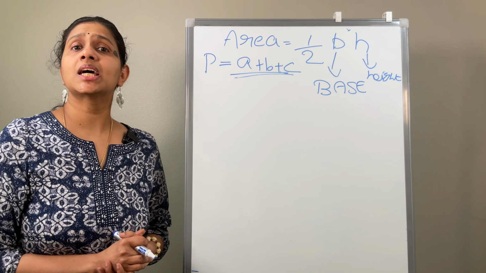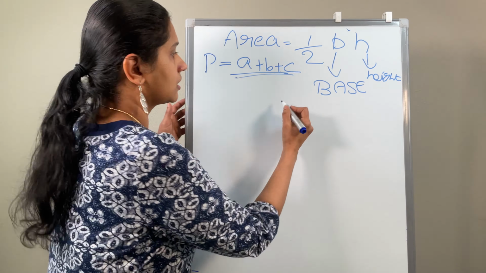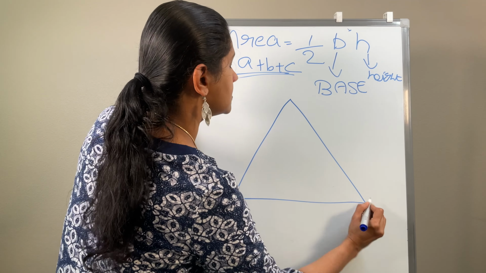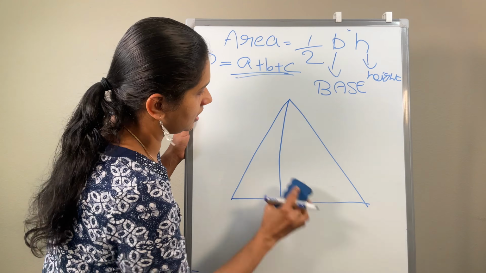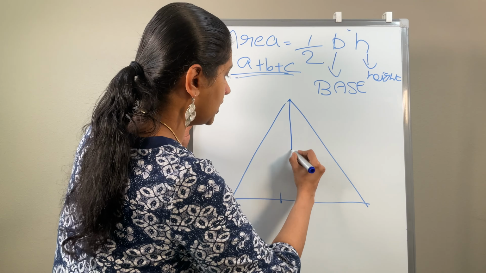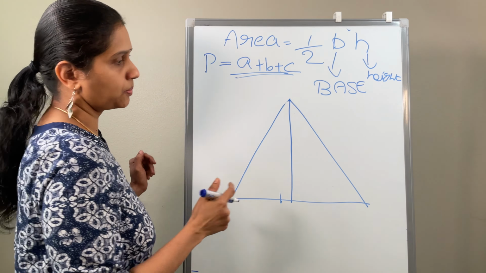Now let us consider another example for finding the area and the perimeter. Now we are going to consider this triangle having an altitude in between, and we are going to write the measures correspondingly.